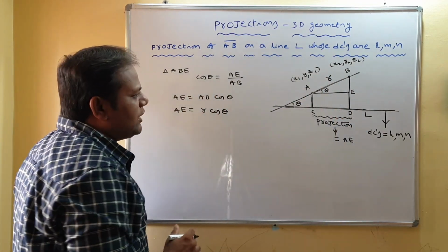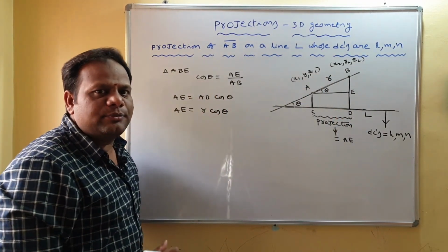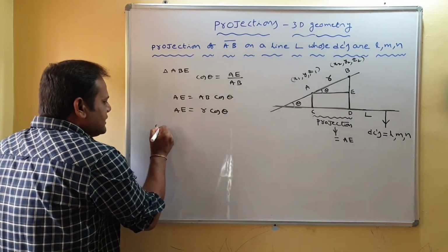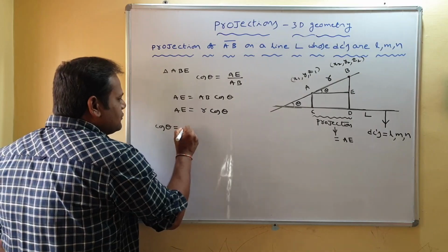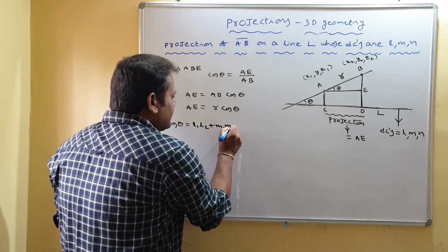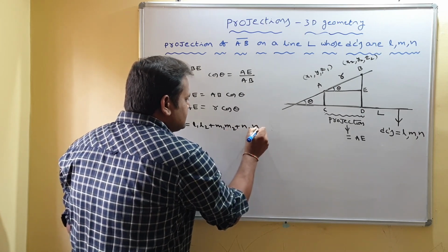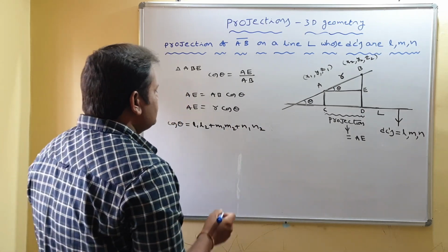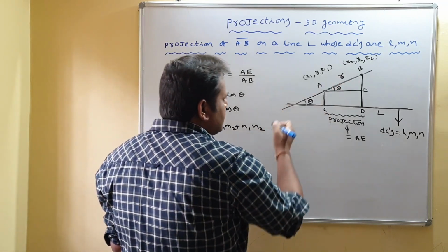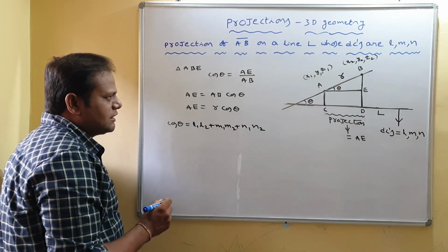We have a formula for the angle between two lines in 3D geometry, that is cos theta is equal to l1 l2 plus m1 m2 plus n1 n2. Here l1, m1, n1 are the DCs of one line and l2, m2, n2 are the DCs of the other line.